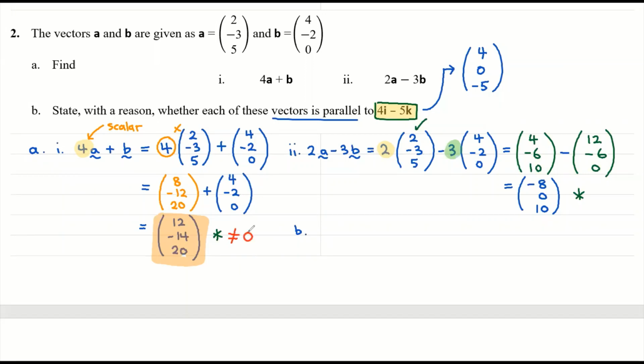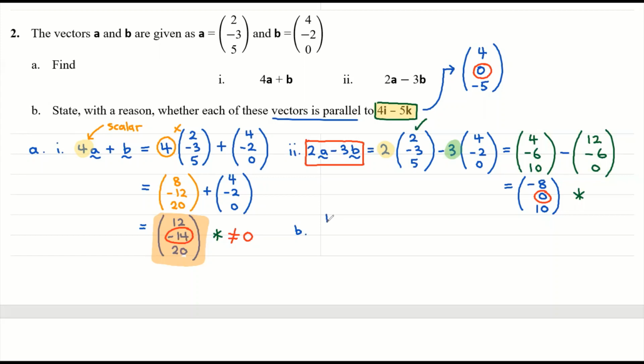Okay, what the j component has to be, this j component here, that j component has to be a multiple of 0. So it has to be 0 in order for it to work. So the only potential parallel vector would be A ii, which is this one. Okay, simply because we have this 0 over here in the j component. So let's see if it is indeed a scalar multiple.